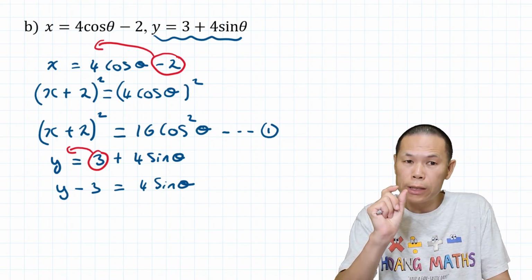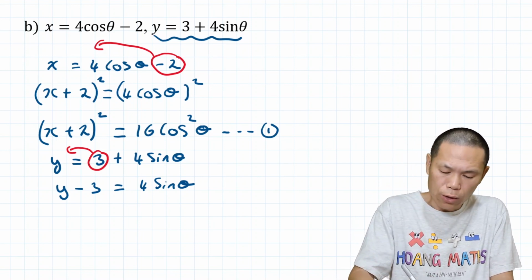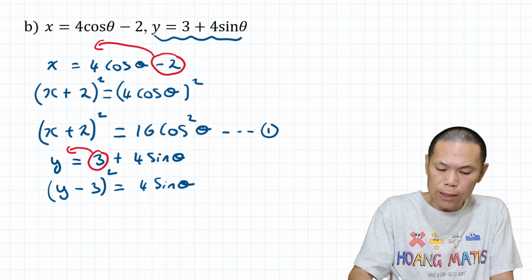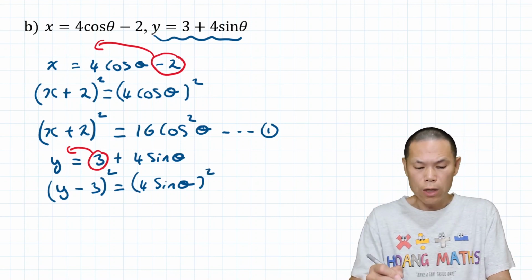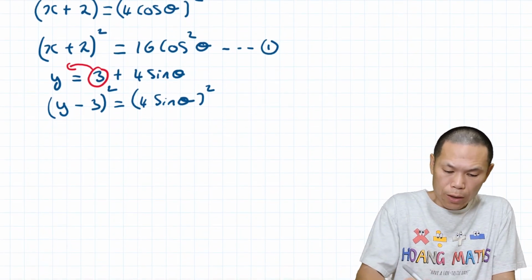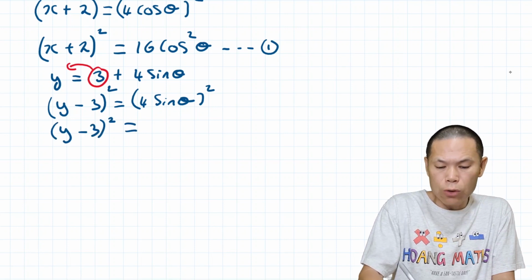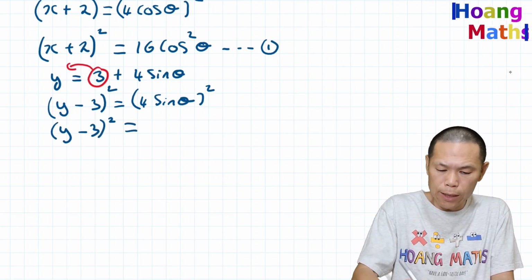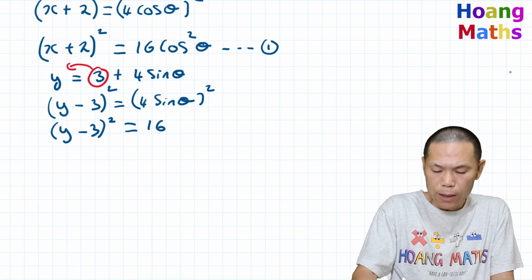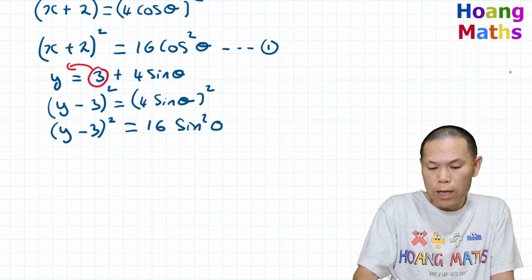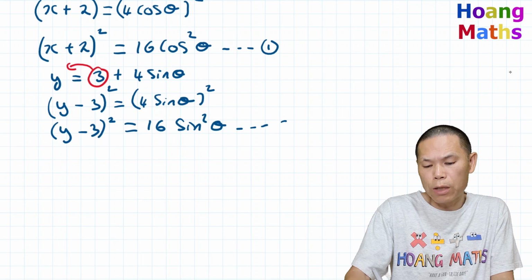Now I square both sides, so that will give me y minus 3 all squared is equal to 4 squared, which is 16, and then sine squared theta. Let's name this equation number 2.